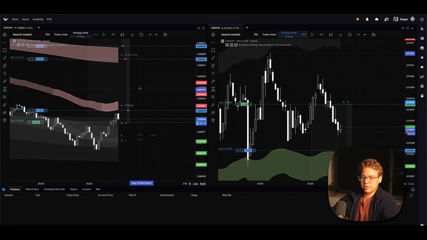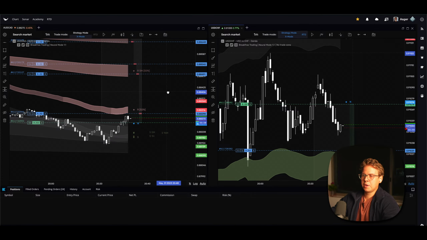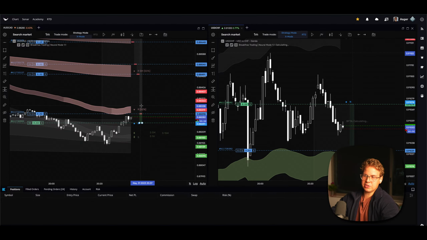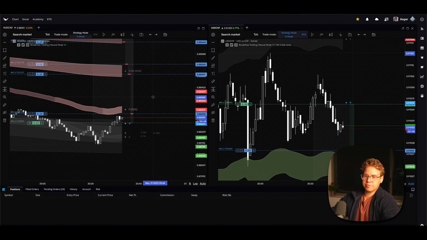It is our calculated strength of the current mean reversion that's active for that band, for that time frame. So if this market starts to go up and goes higher than this level and so on, you will see that this value starts to decrease.